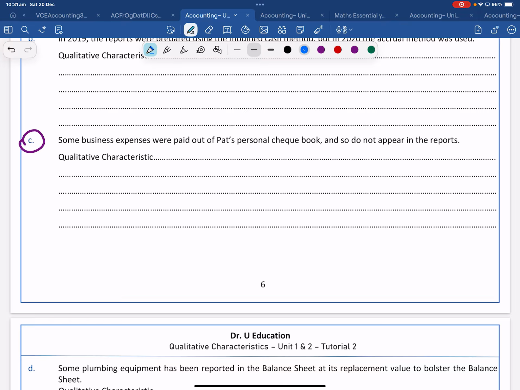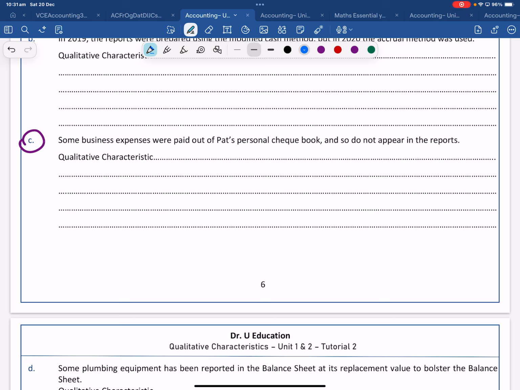Yes, I think I did the right reasoning. I just wrote the wrong characteristic. Yeah, basically you mixed up the faithful and the assumptions.